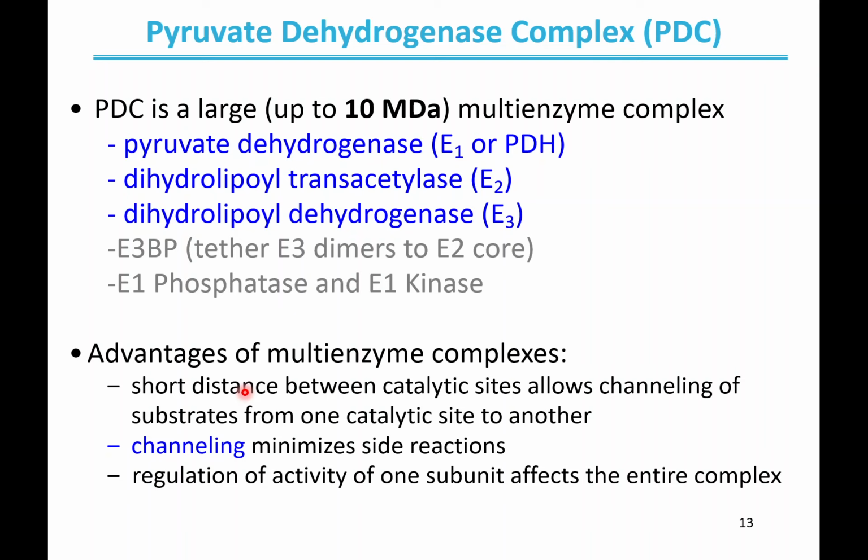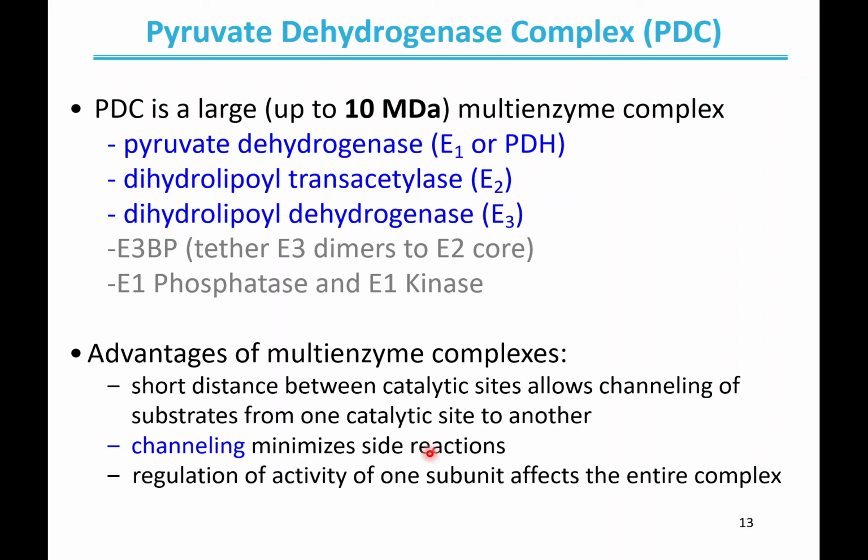When enzymes that need to perform a function are very close together in a complex, there's a very short distance between their catalytic sites, so it allows a very fast movement of substrates from one site to another. It also minimizes side reactions.